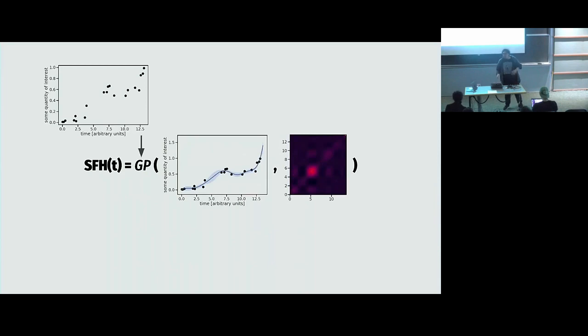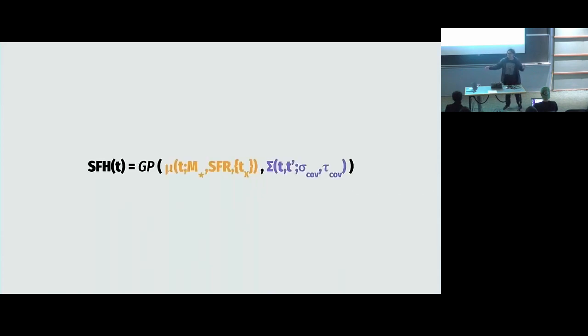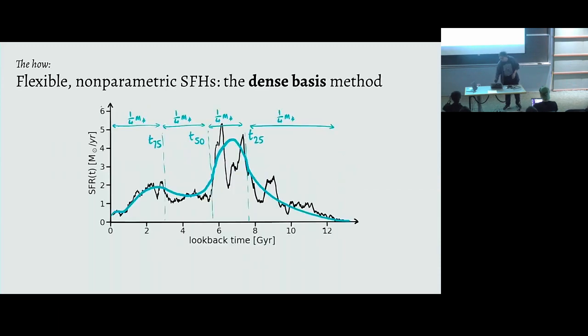When you have observational constraints, you can condition the GP on this observational data to obtain a posterior on the star formation history, right? So that's the basic framework. Given this GP characterized by mu and sigma, the rest of the talk is essentially going to be how we write out the mu and sigma and what that can tell us about the physics, right? So first, the mu, right? So this is the dense basis method.